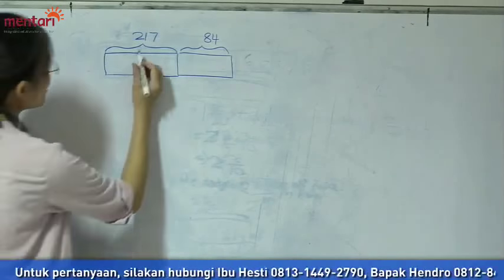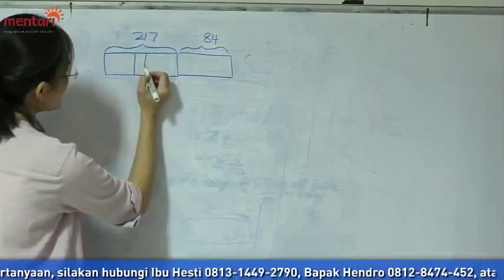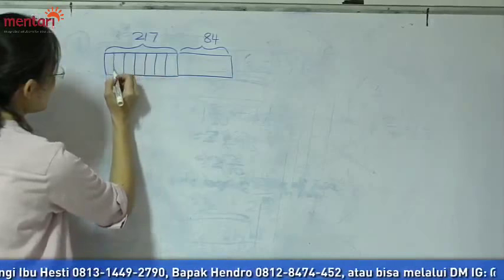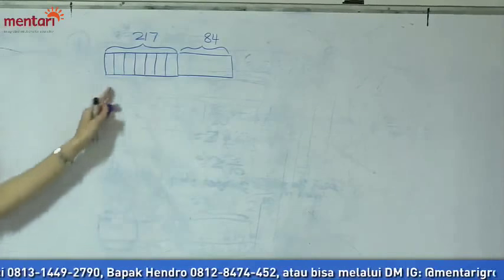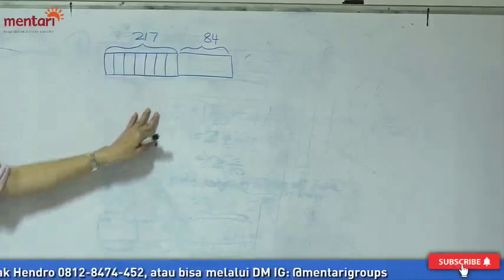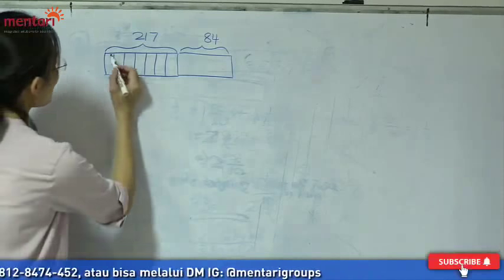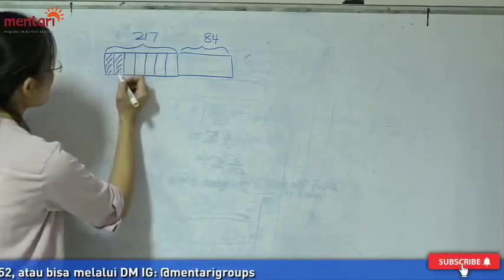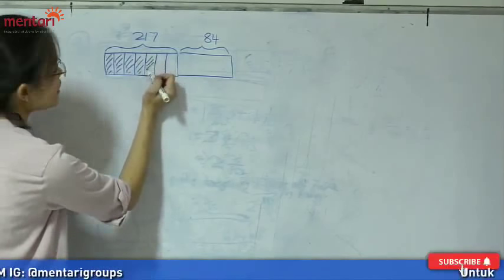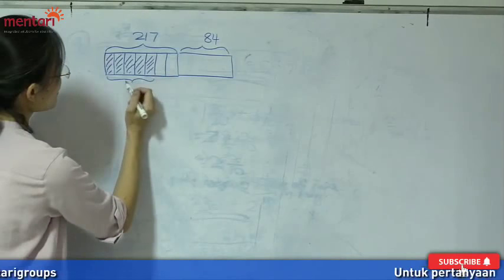Right, we divide this into 7 parts. Okay, can you see there are 7 parts? And 5/7 of the children in the library were boys. So I will count 1/7, 2/7, 3/7, 4/7, 5/7. These are boys.